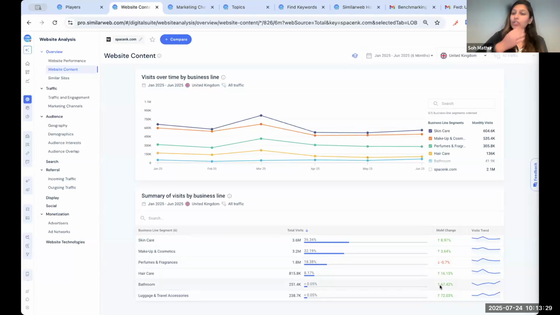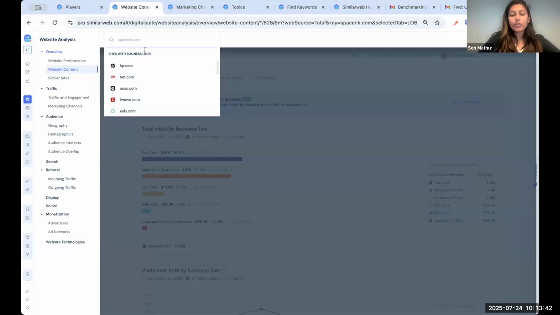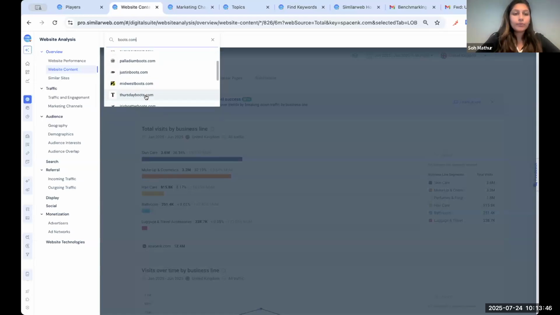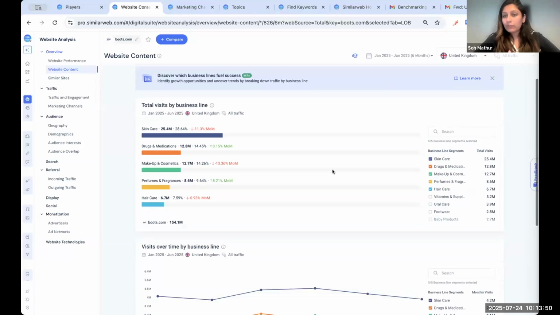Now, this is actually possible to look at for your competitors or your partners as well, right? You can always change around the domain that you have here. So let's say Space NK wanted to jump into a competitor domain. Let's look at Boots in that sense. Boots, again, is like a beauty pharmacy domain within the UK for those who don't know.